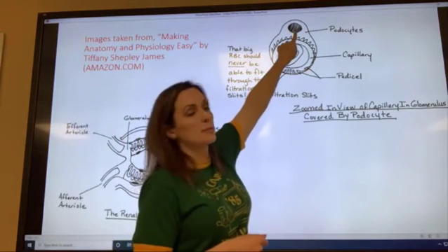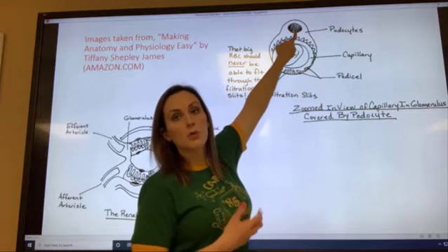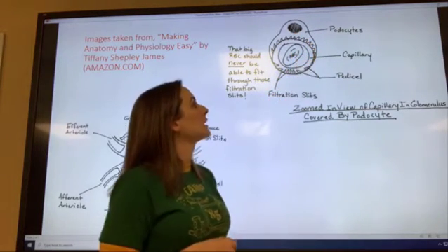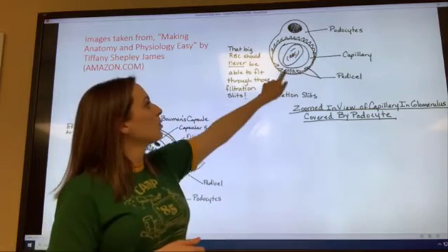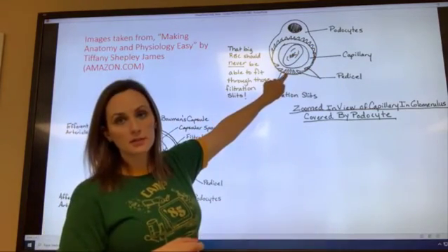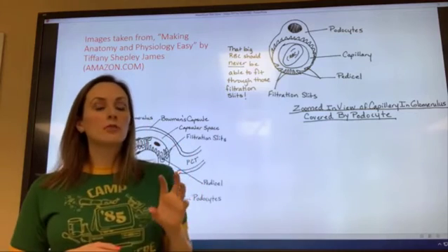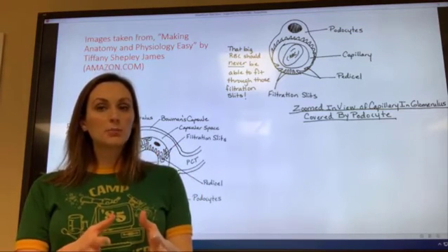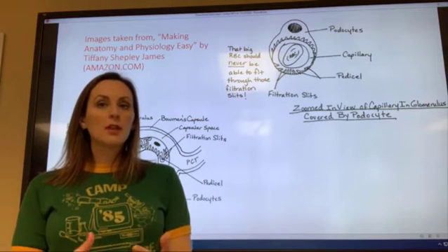And then we've got our big podocyte that's blown up. And here are the little podocyte's feet. And in between those little feet, we have filtration slits, which are just big enough for the plasma to squeeze through under blood pressure and fill that Bowman's capsule.